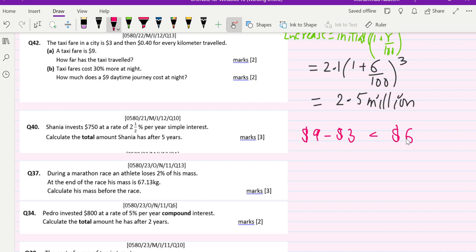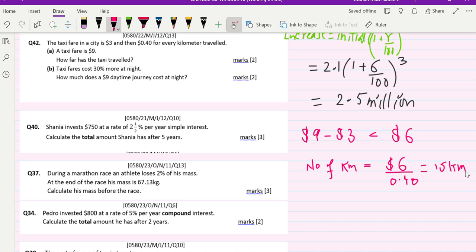For every kilometer, you will have to pay $0.40. So the number of kilometers can be calculated like $6 divided by 0.40. This will give you the total number of kilometers that you have traveled. 6 divided by 0.40, the answer is 15 kilometers. So they traveled 15 kilometers in this journey.